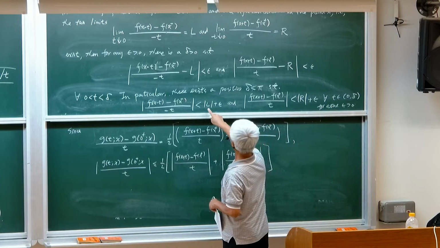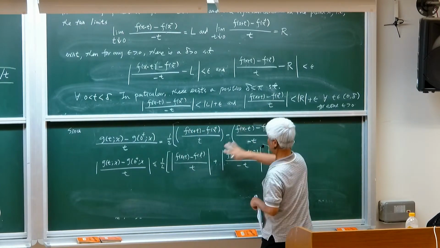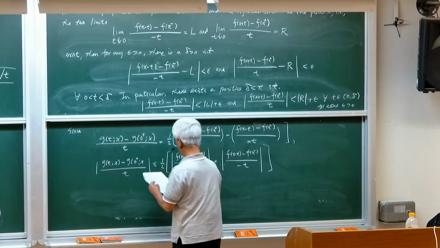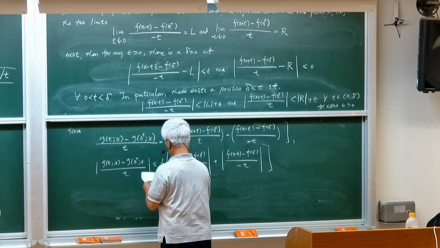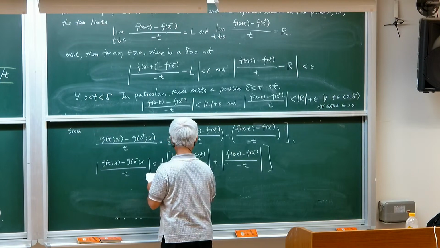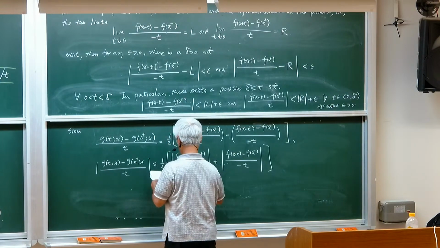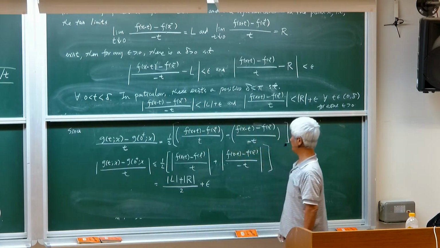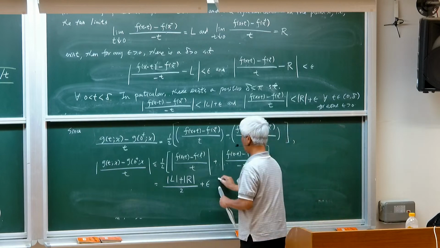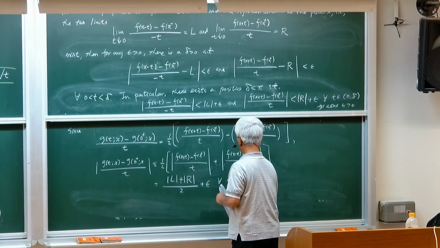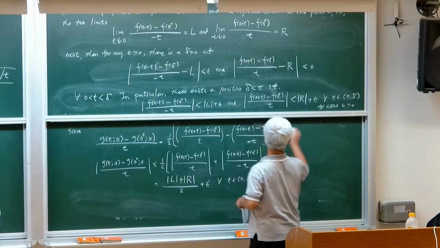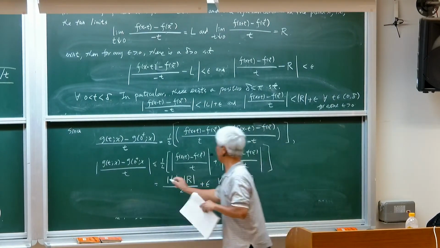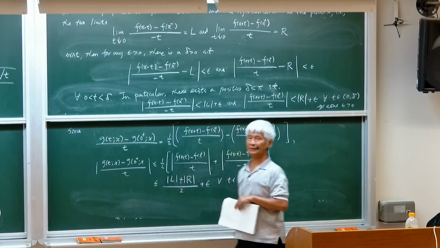And as we know, the absolute value of this value has an upper bound here. So this is L plus R divided by 2 plus epsilon, for all t between 0 and delta, less than or equal to.